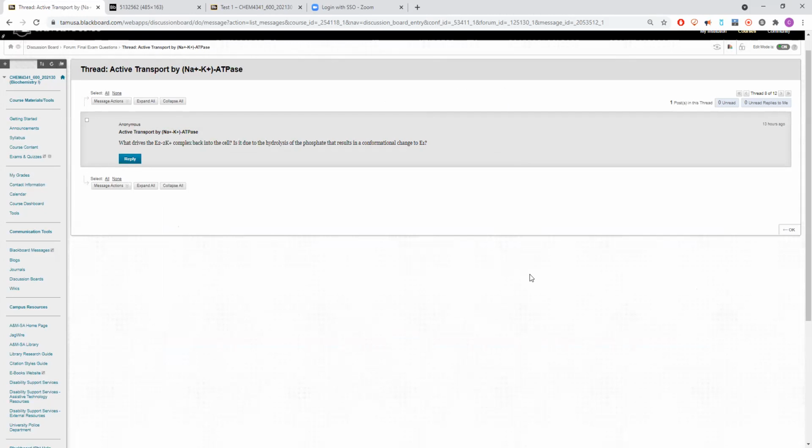So what is driving the potassium? Yeah, that's the energy of ATP. When that ATP is being hydrolyzed, it changes conformation. And let me see if I can pull up that slide. So I don't think I have that up right now.